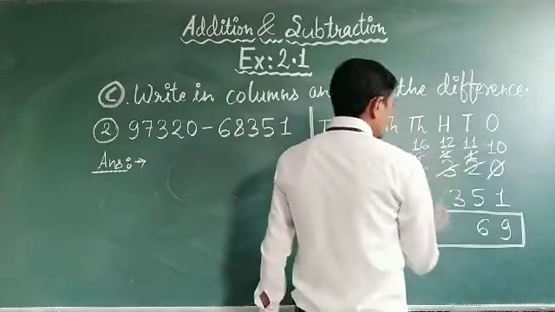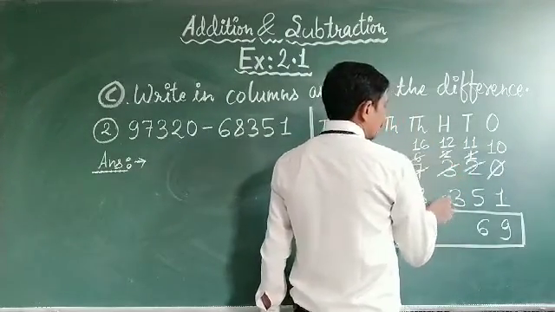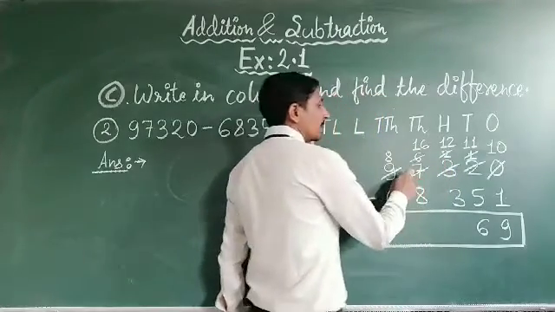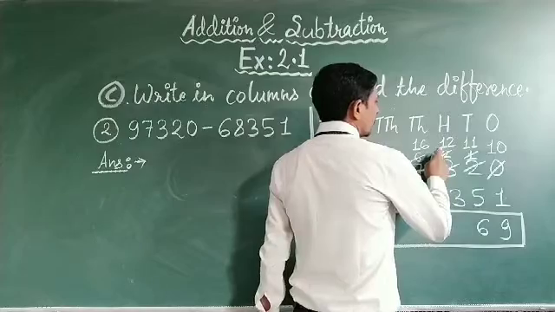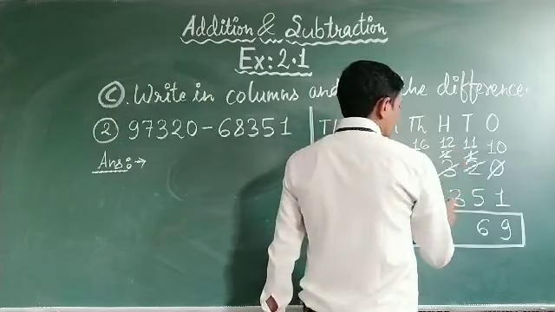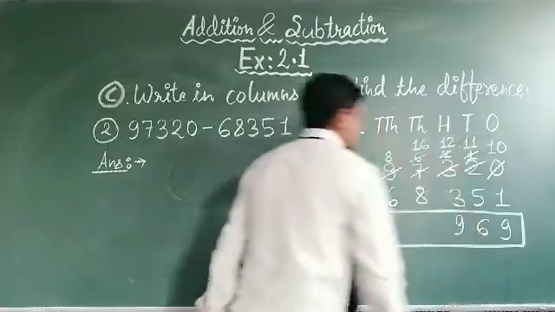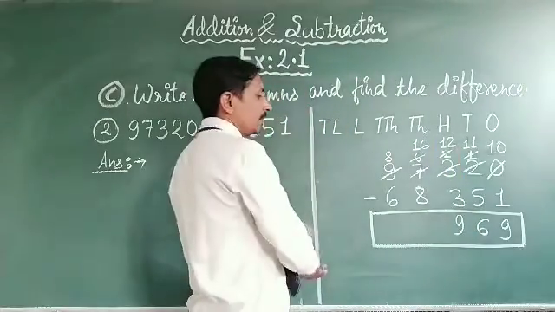And now again 3 is not subtracted from 2, so what we have to do, we have to borrow 1 from this number. When we borrow 1 from this number, it becomes 12, and now 3 is subtracted from 12, so our answer is 9. When we subtract 3 from 12, we get 9.